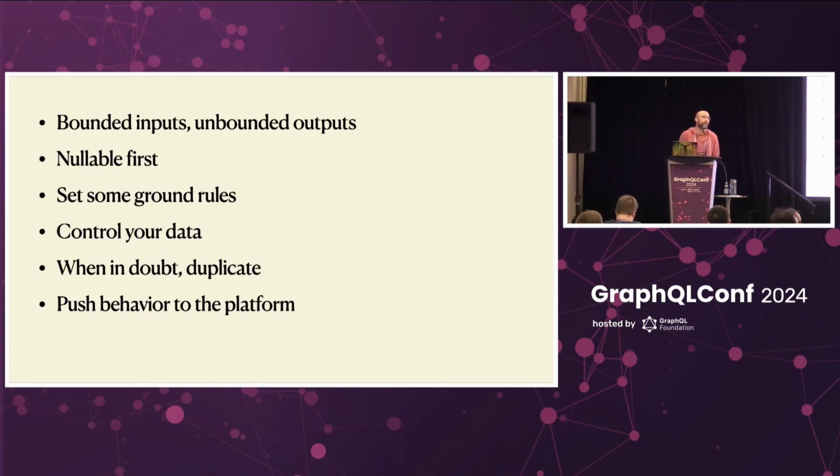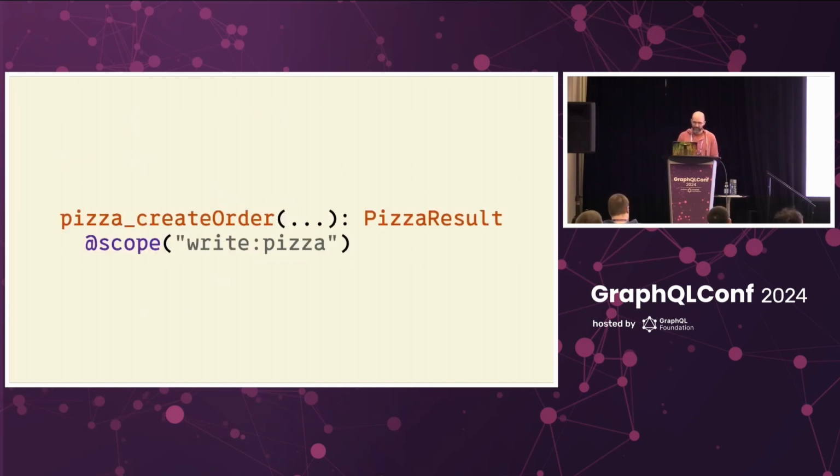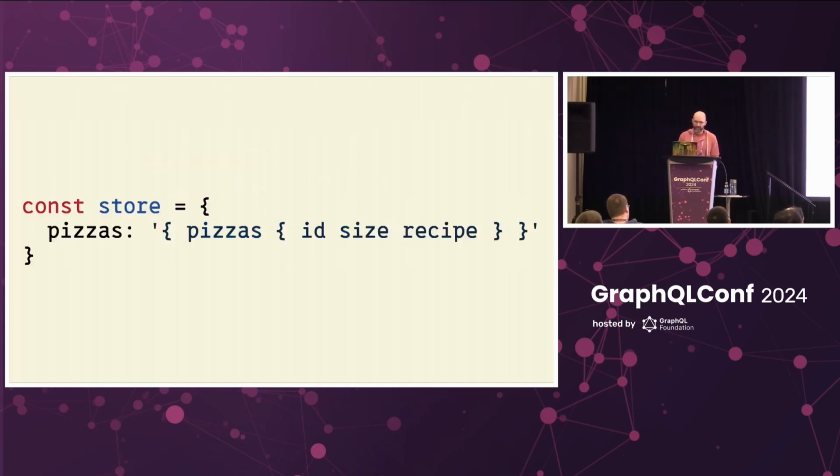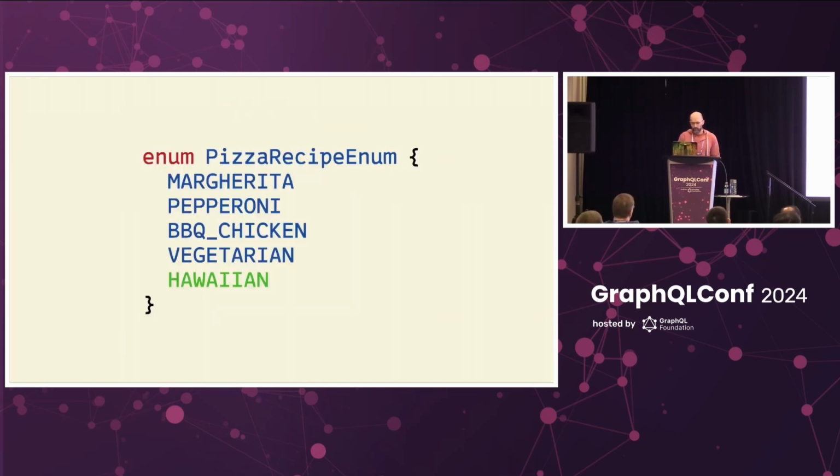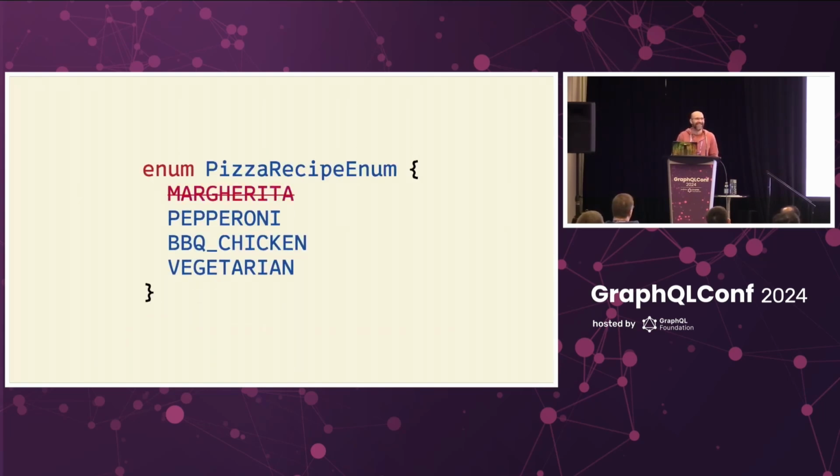Please. Can you re-explain the behavior when you deprecate the margarita enum, if the client side still has a reference to margarita? So is this for inputs or for types? For input. So for input, I guess that doesn't really matter. Okay.